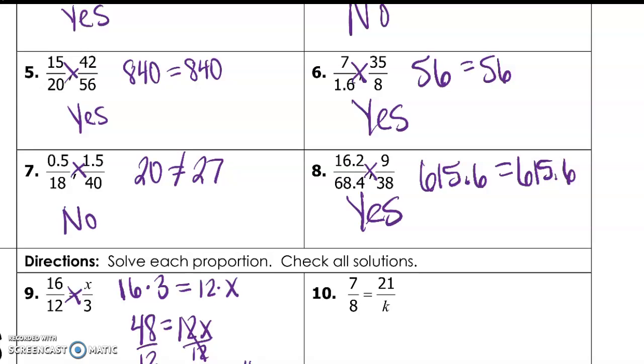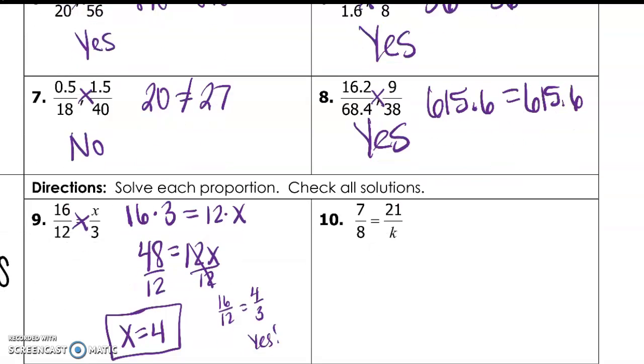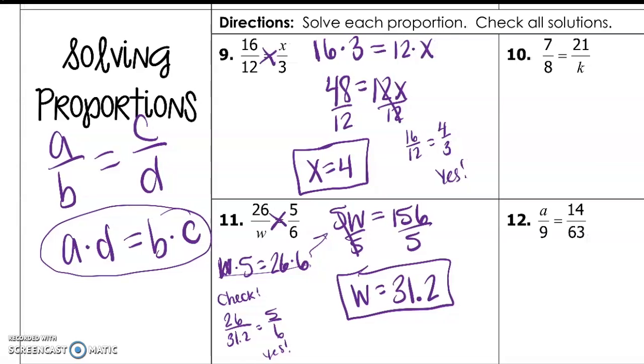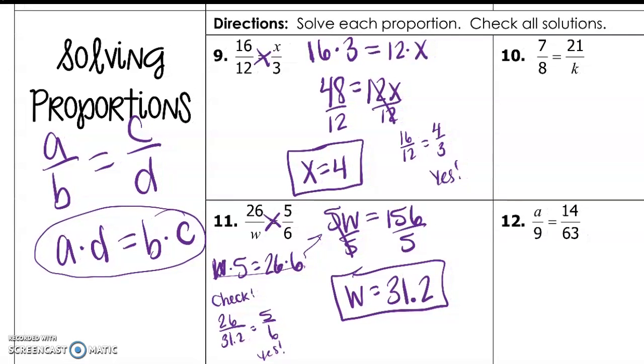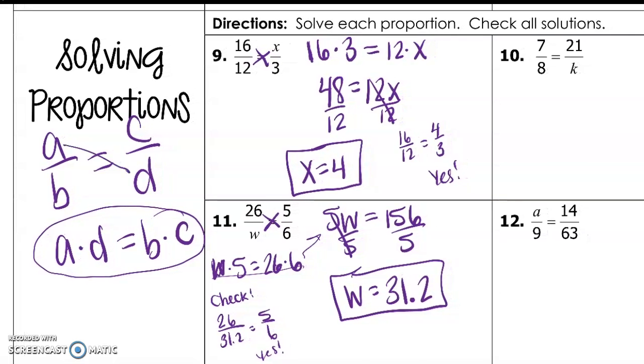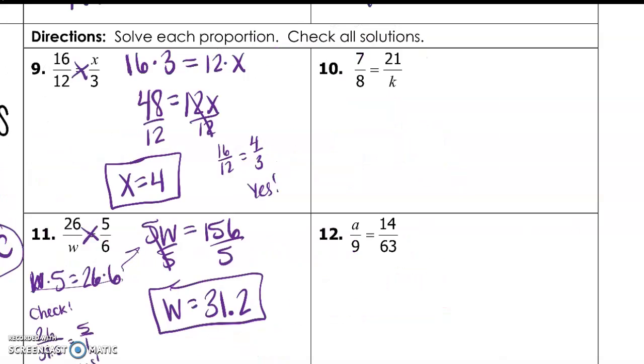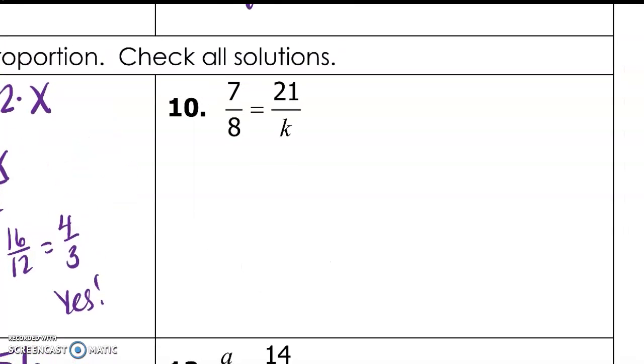Now, to solve them, you still use the cross product. So that was written over here. All right, A times D, so the two that are across from each other, equals B times C, the other two that are diagonal. So over on number 10, 7 times K is equal to 8 times 21. So this will show you the most work you would have to do.